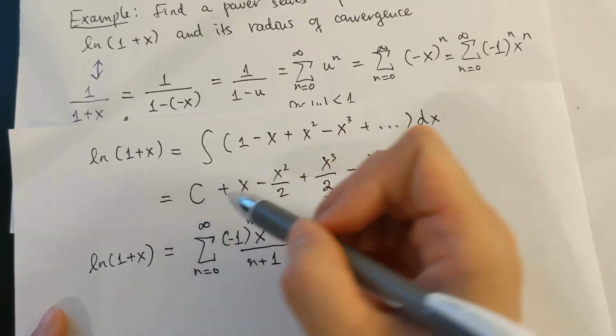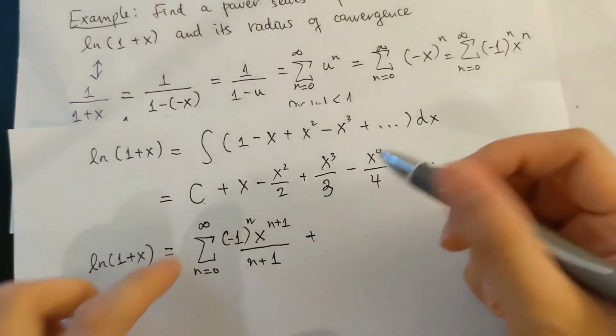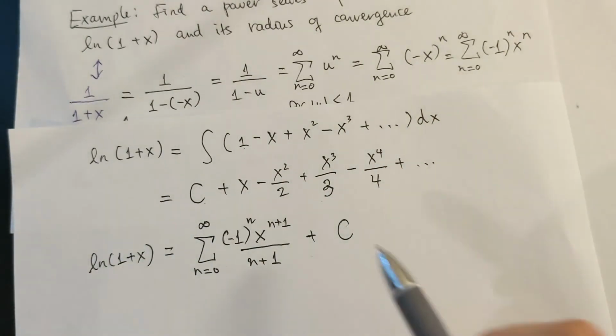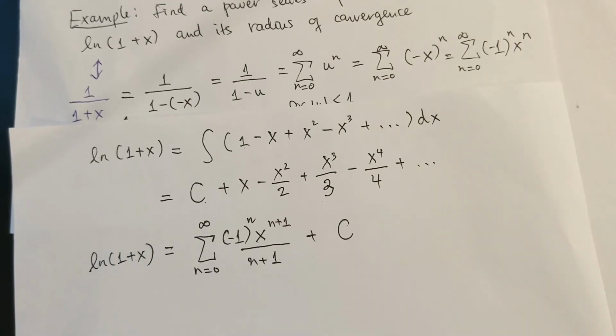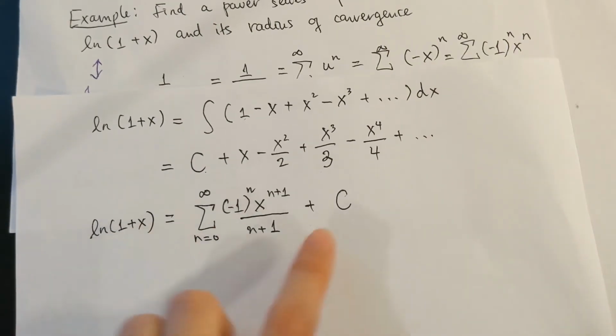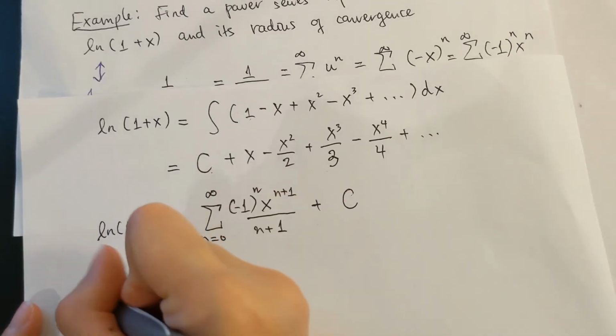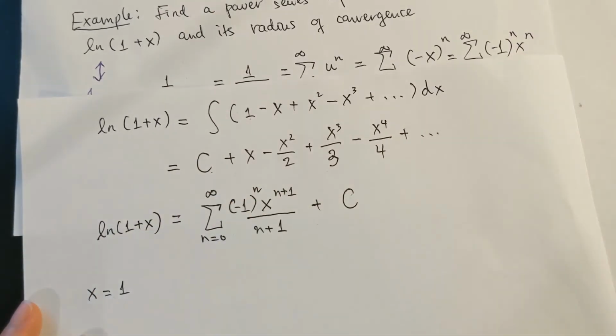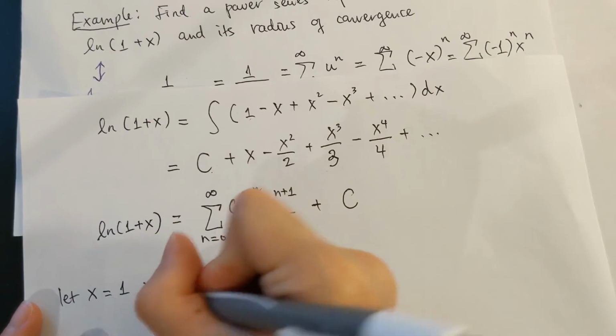Well, one thing I need to talk about is we still have this plus c right here. So how do we find out what this plus c is? To find the plus c, I just need to let x equal 0.